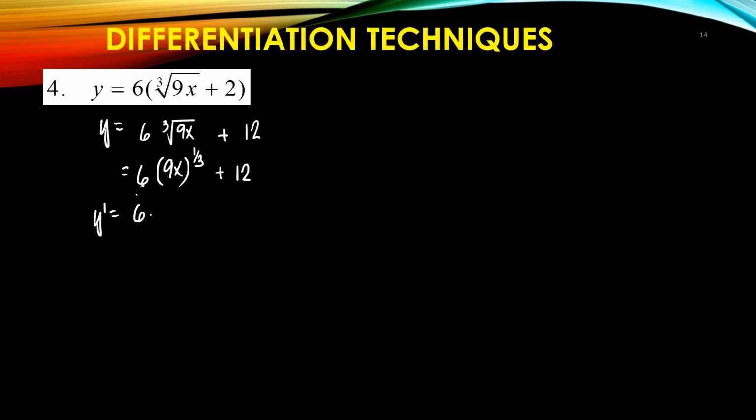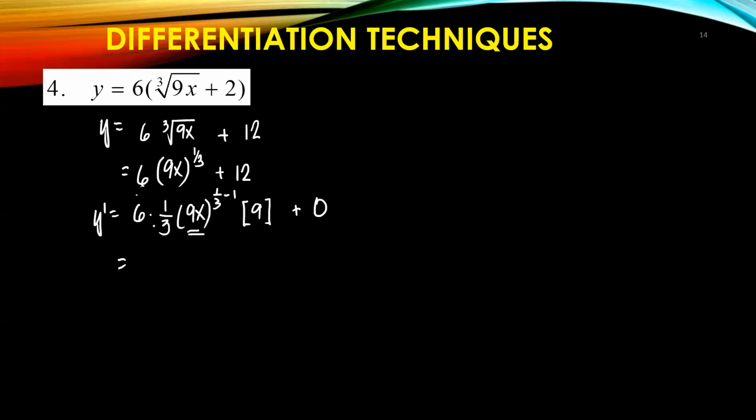Now, this has an x, so I need to get the derivative. What's the power rule, guys? The n times u to the n minus 1, and then the derivative of the inside. What's the derivative of the one I underlined? 9, very good. Plus, what's the derivative of 12? 0.